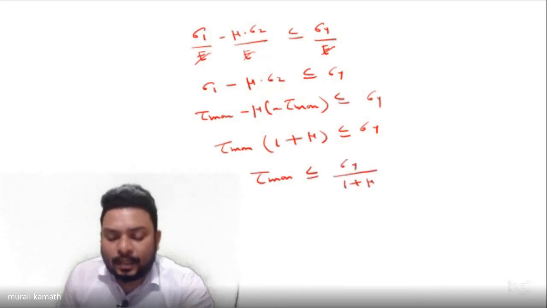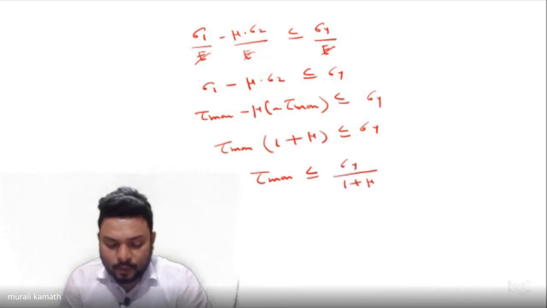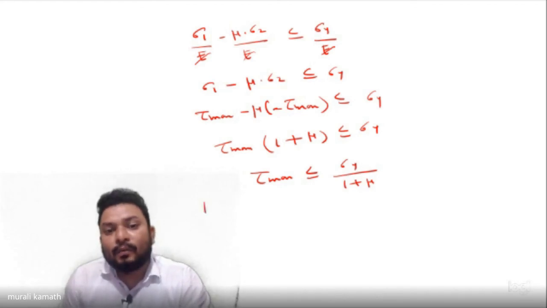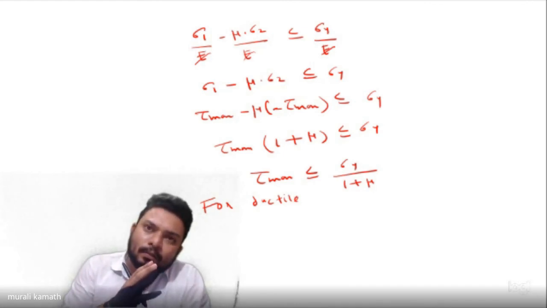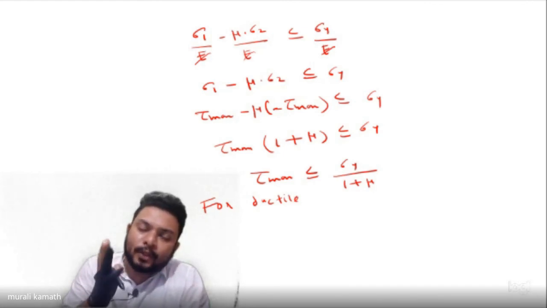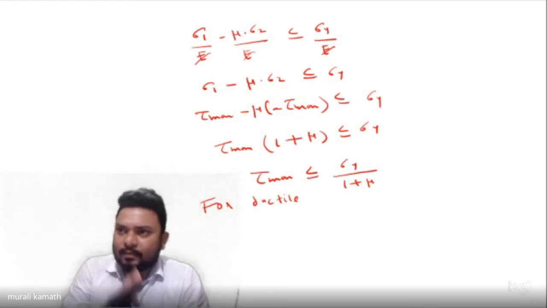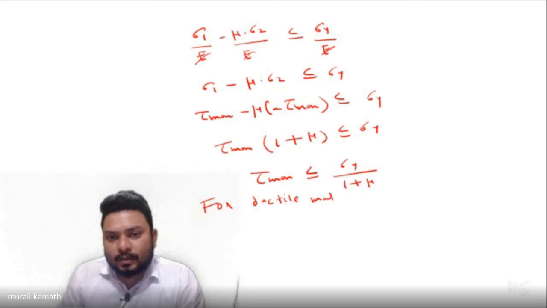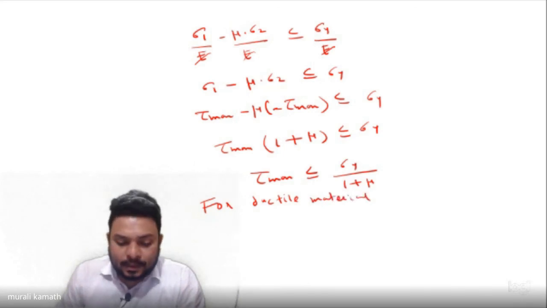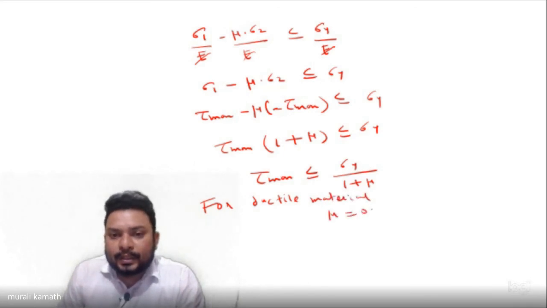What is mu for ductile materials? For ductile metals, generally it will range from 0.2 to 0.3, like 0.23, 0.24. Okay, you can consider mu is 0.3, just assuming.